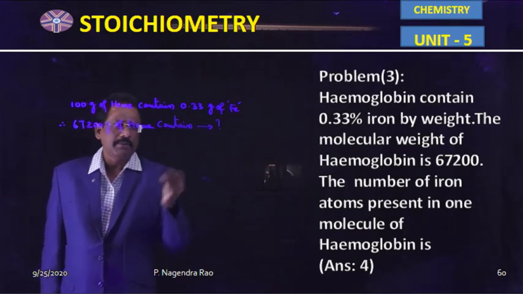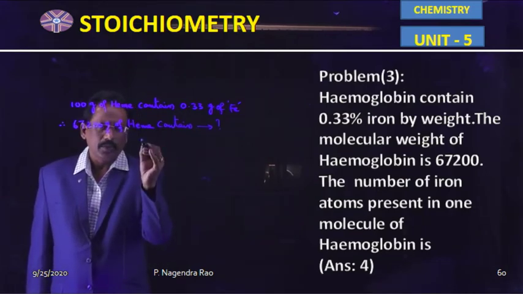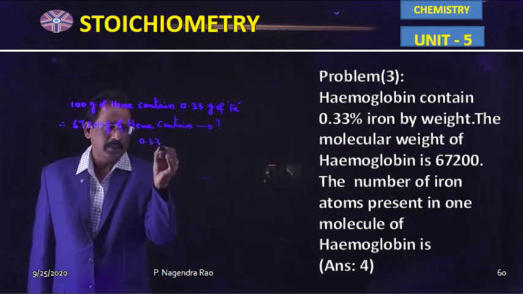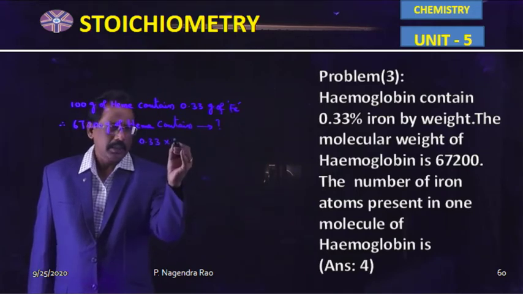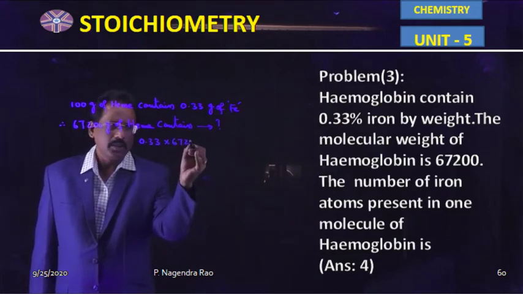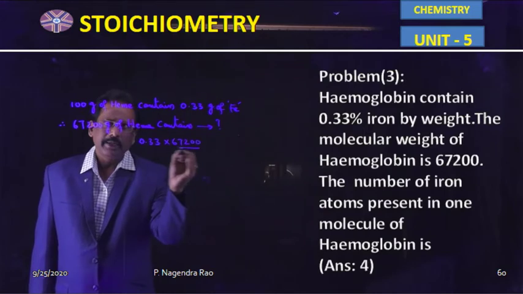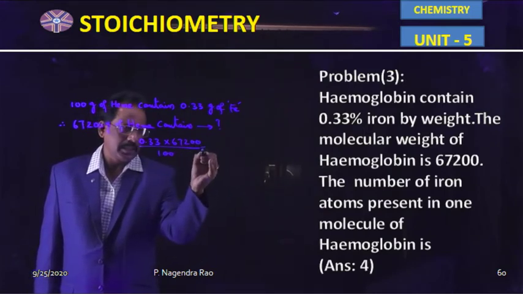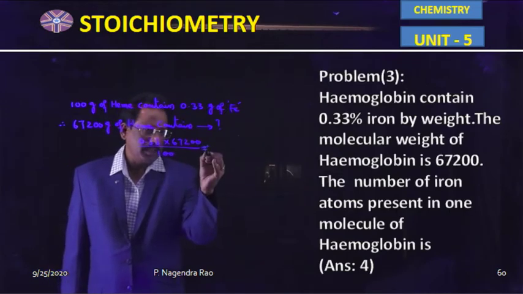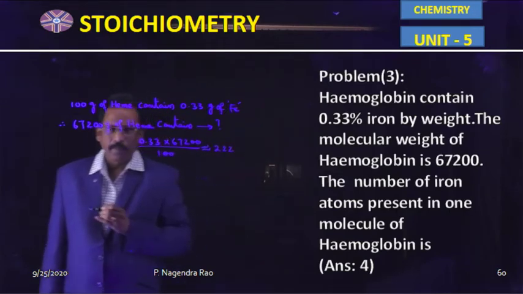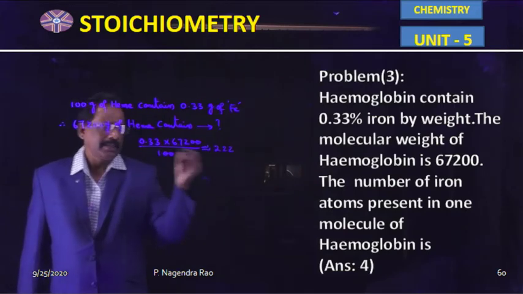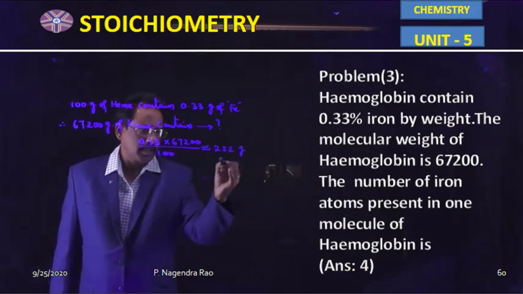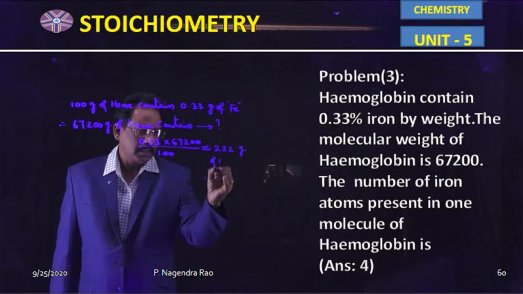So the weight of iron is equal to 0.33 into 67,200 divided by 100. So it is approximately equal to 222 grams of iron.